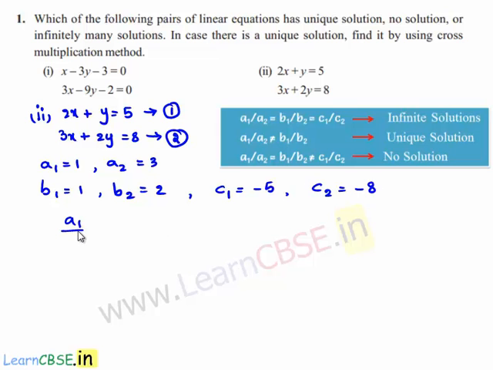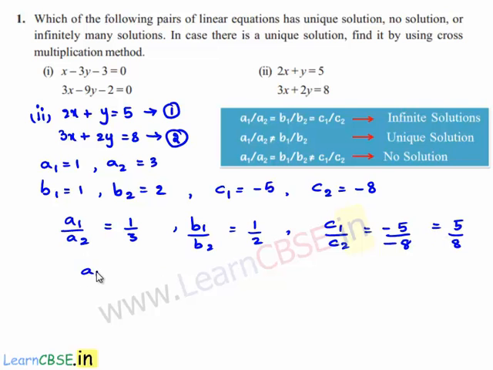So, a1/a2 is nothing but 2/3, b1/b2 = 1/2, c1/c2 = -5/-8, which can be written as 5/8. So, we can say that a1/a2 is not equal to b1/b2, which is not equal to c1/c2.